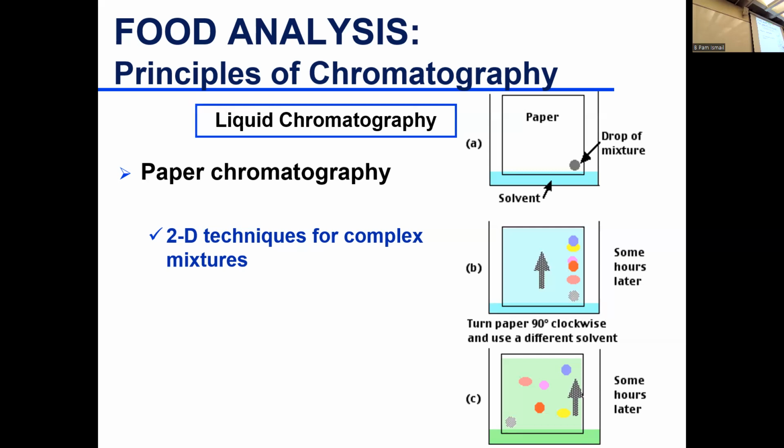Now you can see that the blue and the yellow separated, and the orange and the pink separated. These have different affinity for this particular solvent. So sometimes you need two-dimensional separation to get perfect separation, especially when compounds have similar molecular properties.